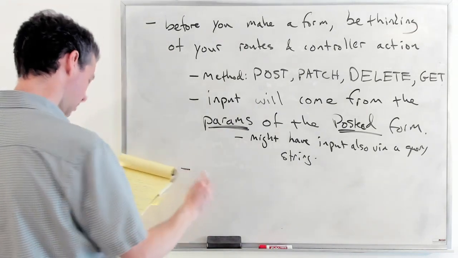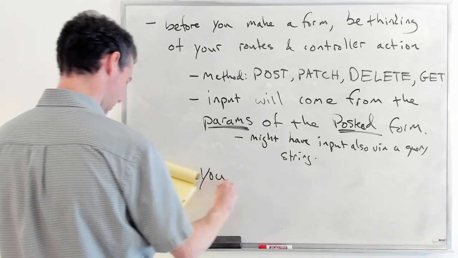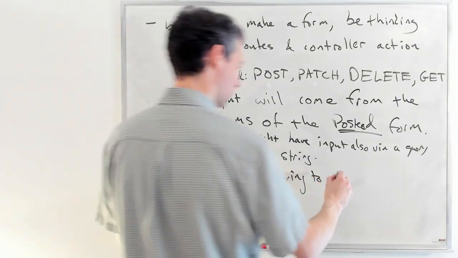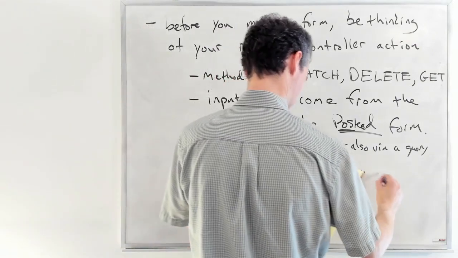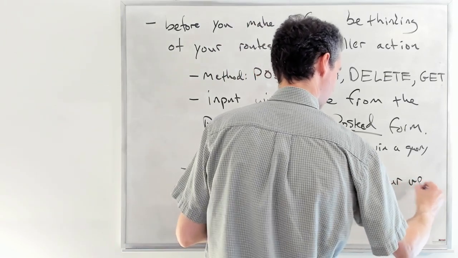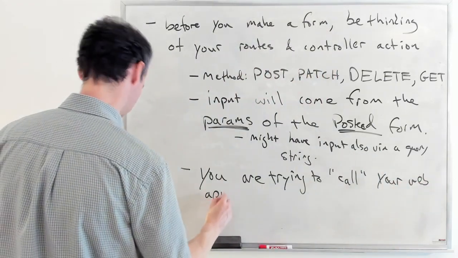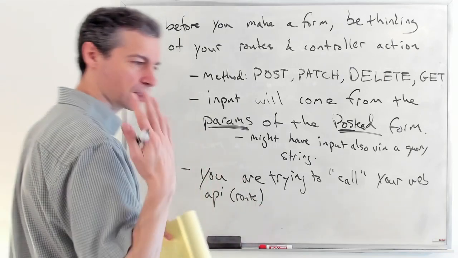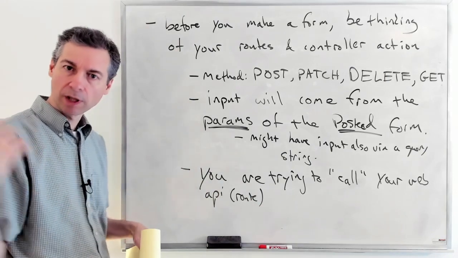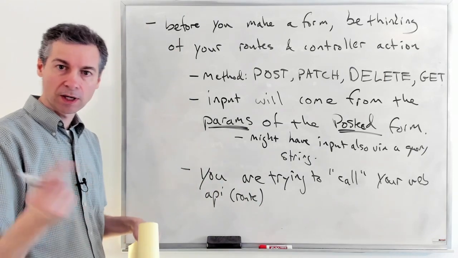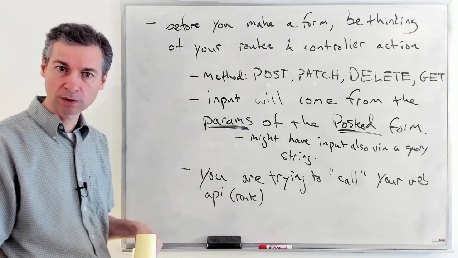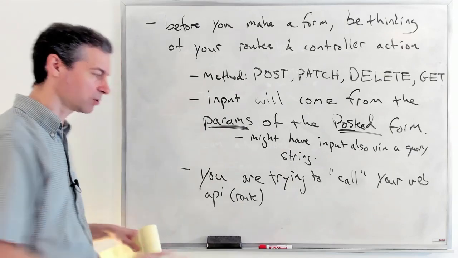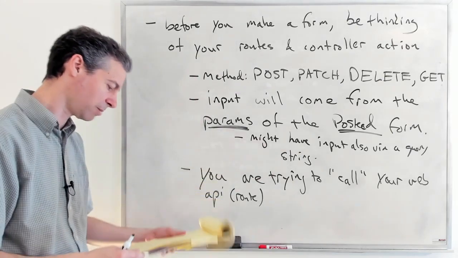Again, this idea that I keep going back to is that you are trying to call your web API, which is basically your route, because the route is the HTTP verb and a path, okay? You might have some parameters in that path, and you'll also have the notion of passing in data via the post. That's all sort of how to call your web API.